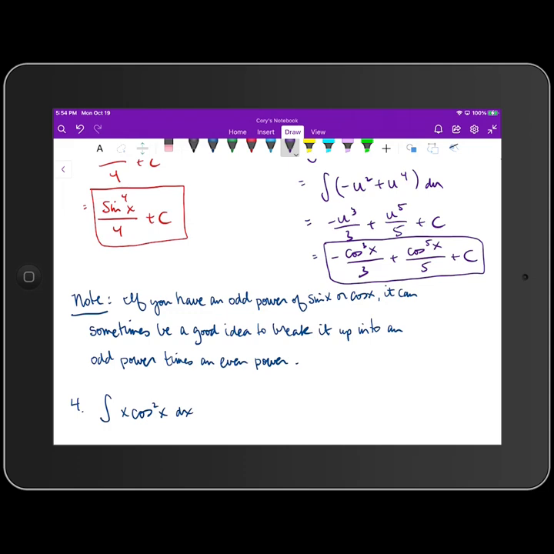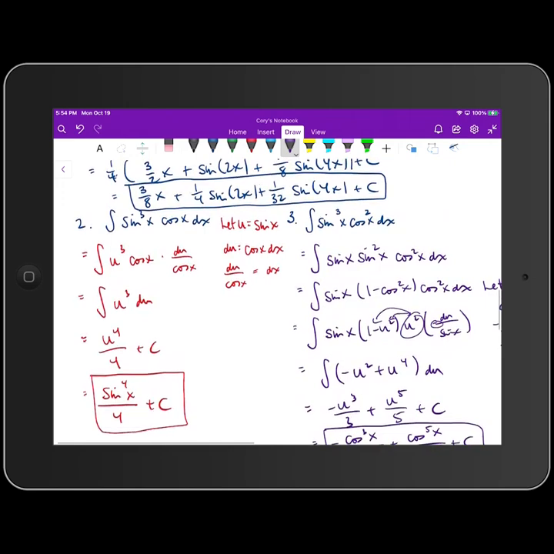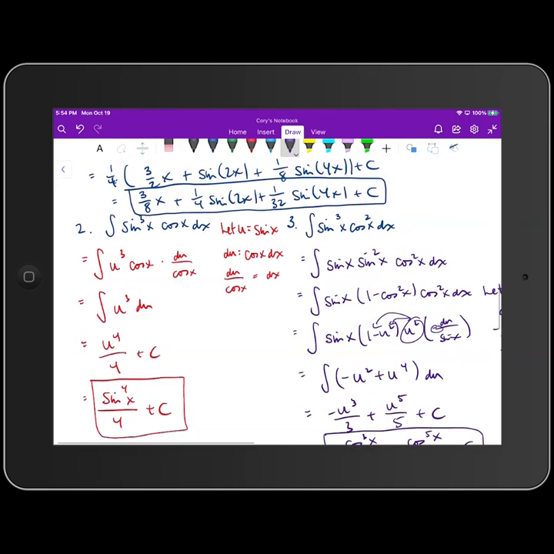And that's not always true. Like if you look at number 2 here, we didn't have to break sine cubed up into sine times sine squared. But if we look at what we did with number 3, we were able to take sine cubed and break it up into sine times sine squared, and then replace sine squared with 1 minus cosine squared. So sometimes that's a good idea.